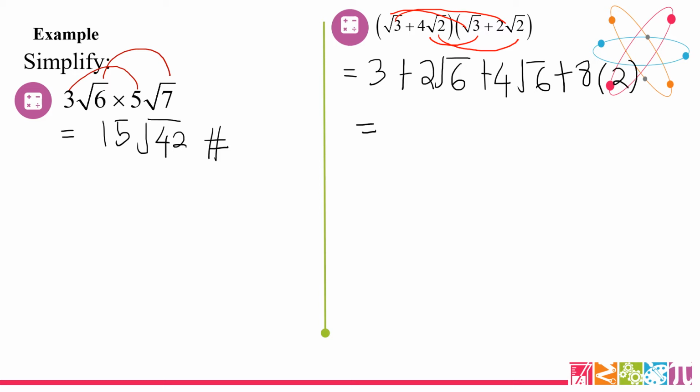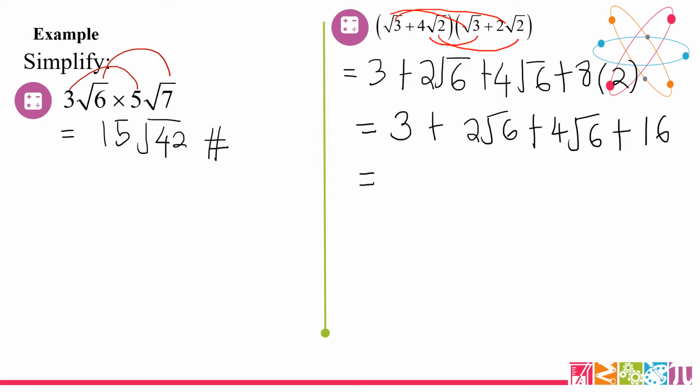After that, we just expand. 3 plus 2 root 6 plus 4 root 6 plus 8 times 2 is 16. Next, 16 plus 3 is 19.